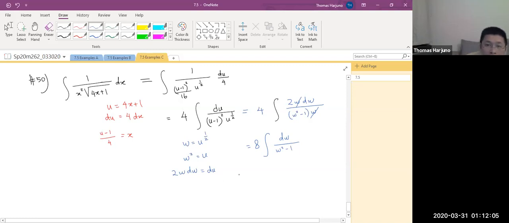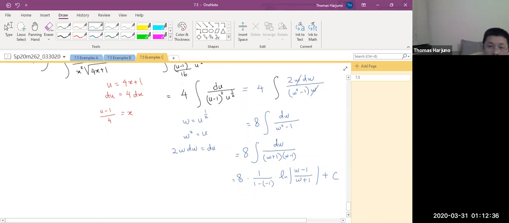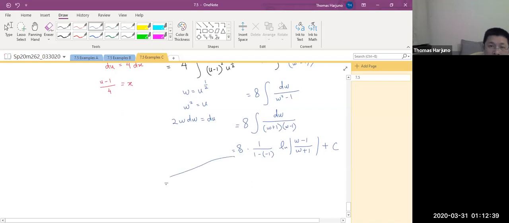Do you think we can go on from here? This is 4 times natural log of the square root of 4x plus 1 minus 1, over the square root of 4x plus 1 plus 1, plus a constant.